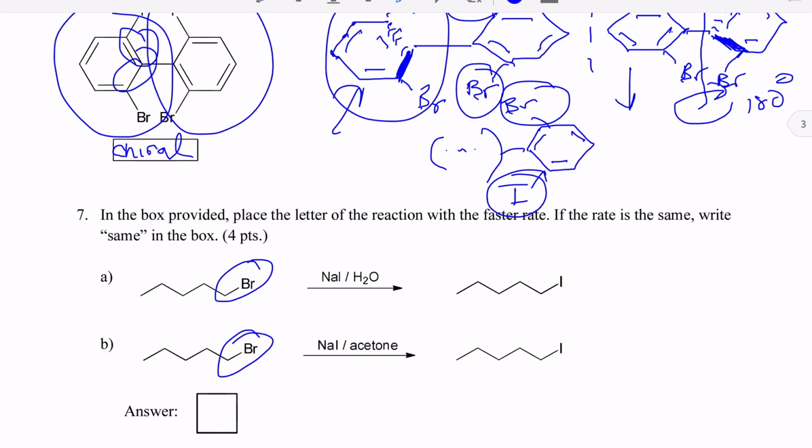The reason why primary alkyl halides are really involved in SN2 reactions as compared to SN1 reactions is because for SN2 reactions, they're preferred since there's less steric repulsion when the nucleophile tries to do a backside attack on a carbon atom. So we can rule out that this is an SN1 reaction.